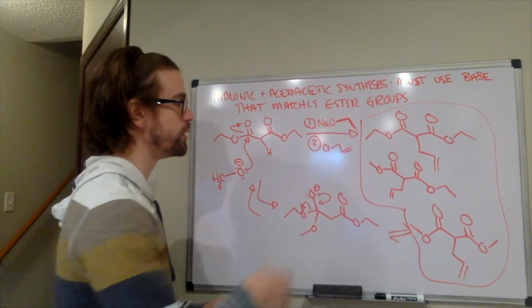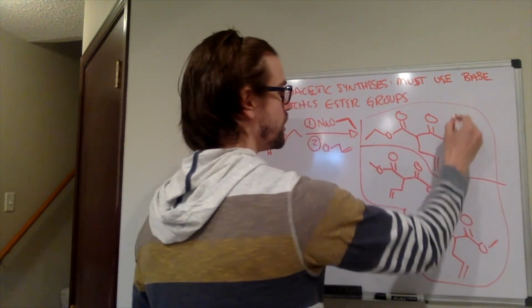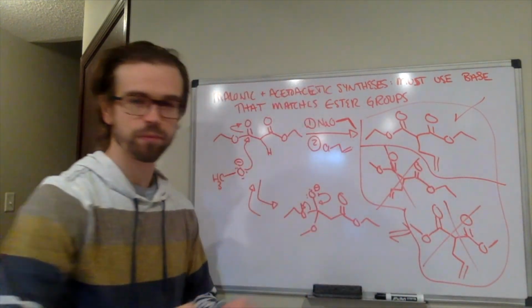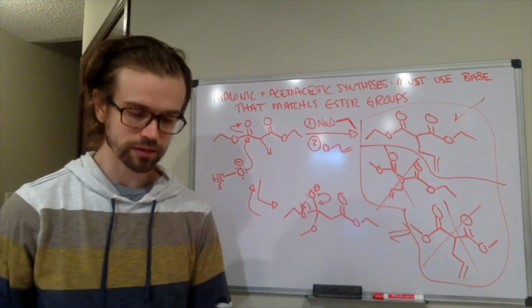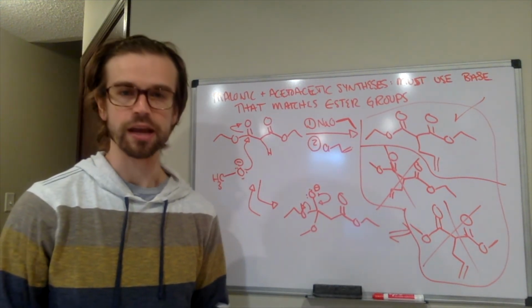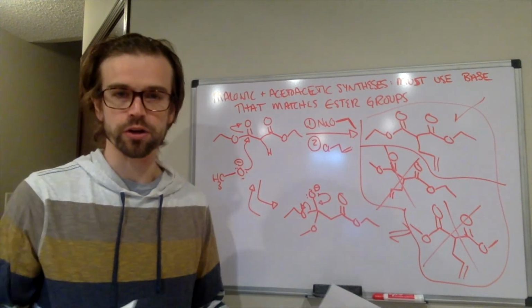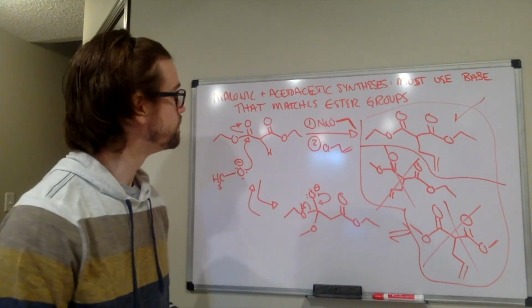If we use this ethoxide base, this is going to be the only product, and these two will not be there. That's an important consideration when you're running these reactions, because you don't want to complicate purification and characterization for yourself if you don't have to. All right.